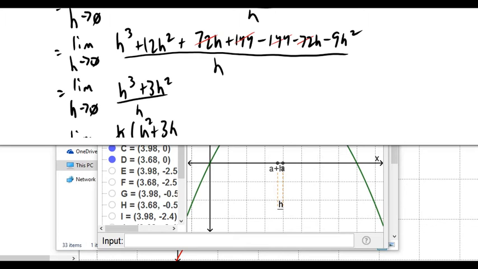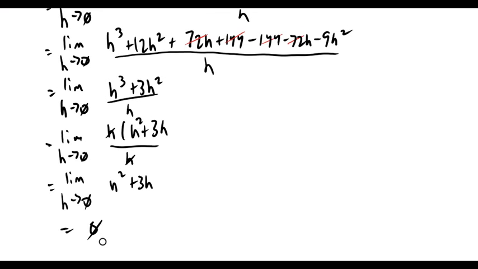After you've simplified everything and a lot of things cancel out, I got h cubed plus 3h squared. Divide by h, and I get h squared plus 3h, which gives a slope of 0. Perfect.